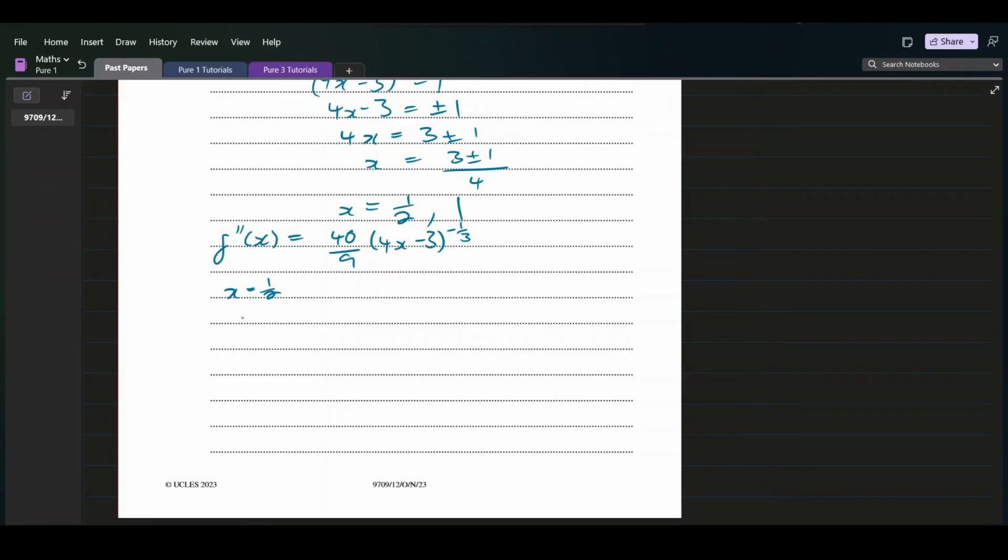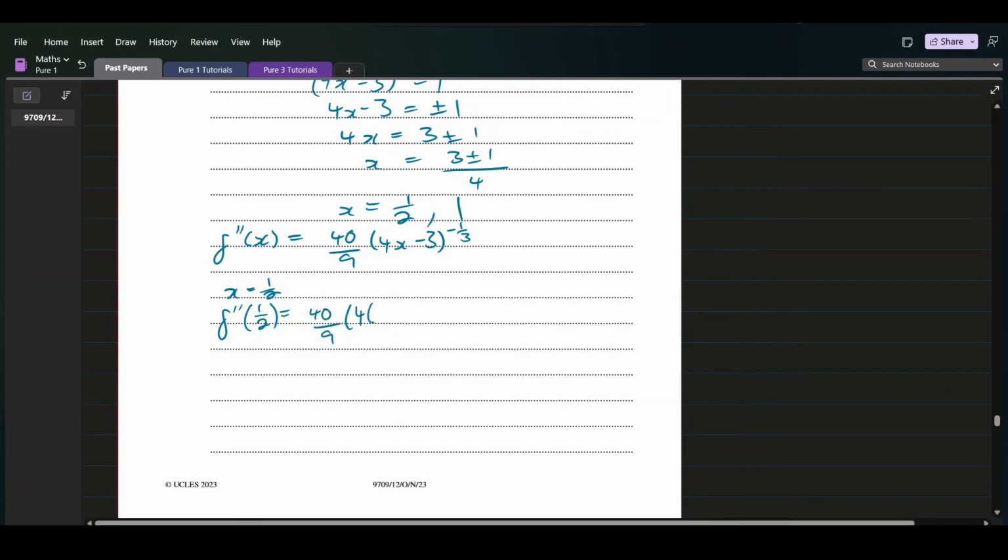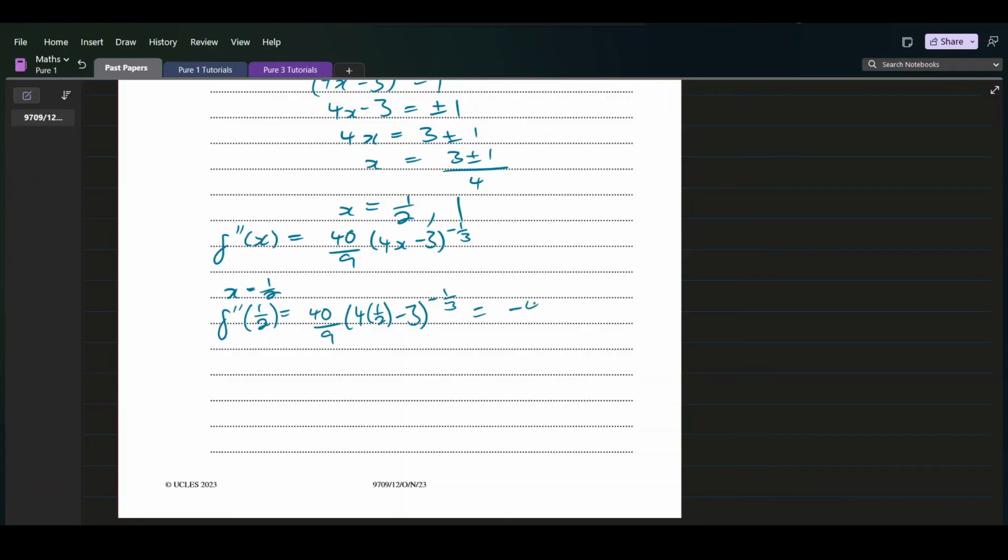Let's substitute x is equal to half into our second derivative. So f prime prime of half is equal to 40 over 9 times 4 bracket half minus 3 to the power negative 1 over 3. Let's punch this into the calculator. That's 40 over 9 times 4 times half minus 3 to the power negative 1 over 3, and that's negative 40 over 9.